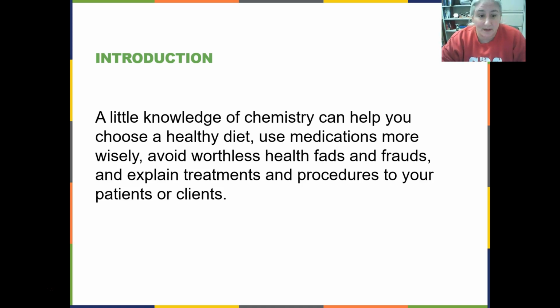So just knowing a little bit of chemistry is going to help you with understanding how medicines work at the cellular level or how foods affect your body. Okay, so it's important, especially if you're going into a medical field or any field dealing with the human body.